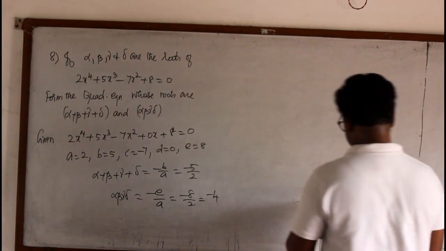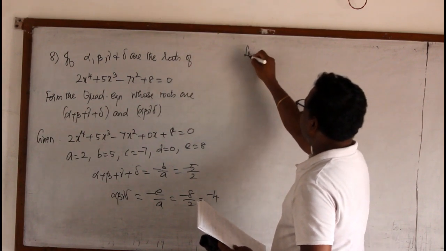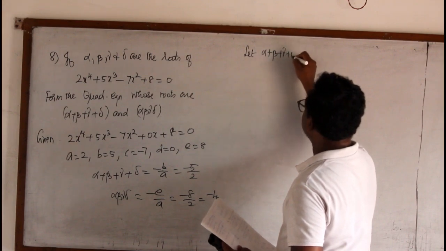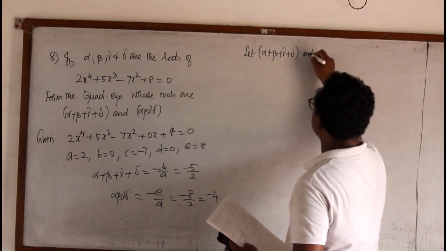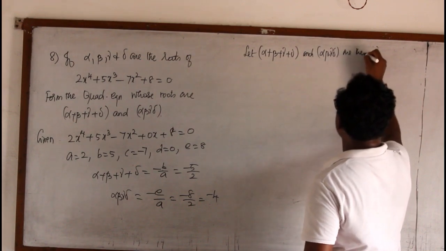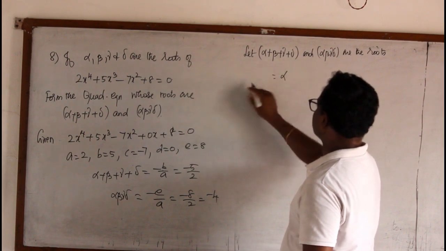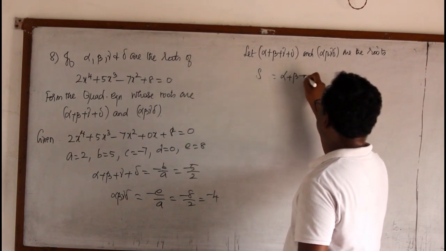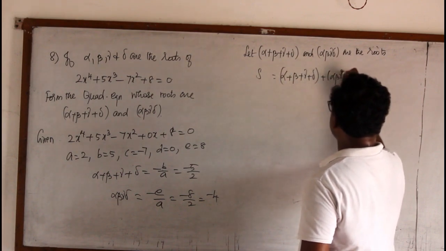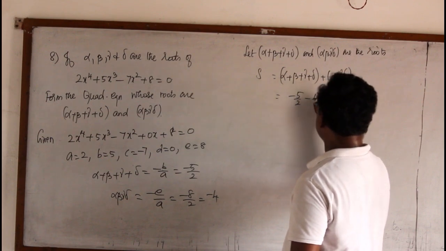Therefore, we need, if alpha + beta + gamma + delta and alpha beta gamma delta are the roots, then the sum is alpha + beta + gamma + delta plus alpha beta gamma delta, that is -5/2 + 4.